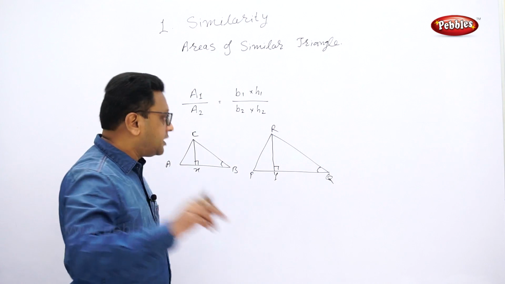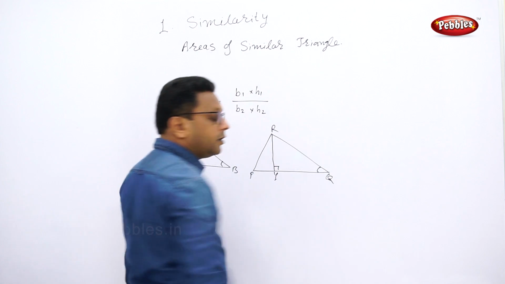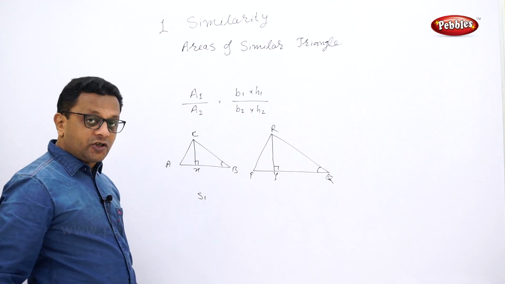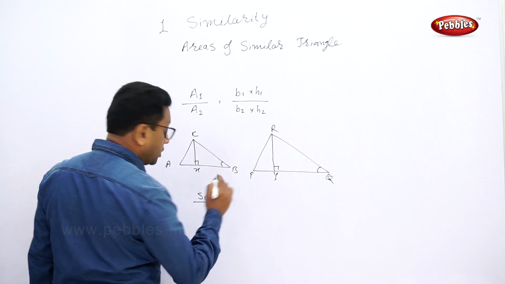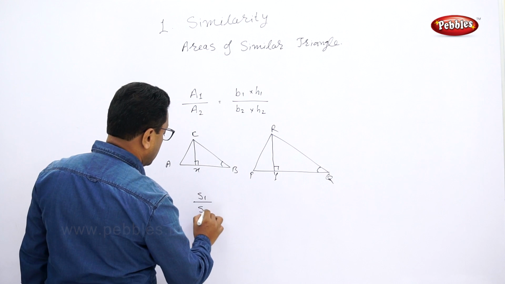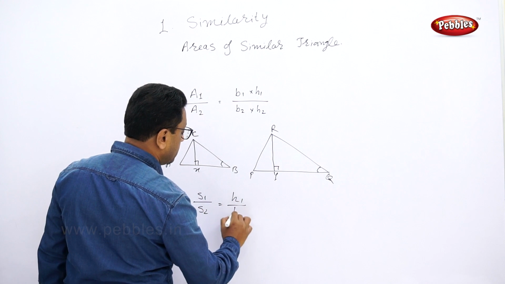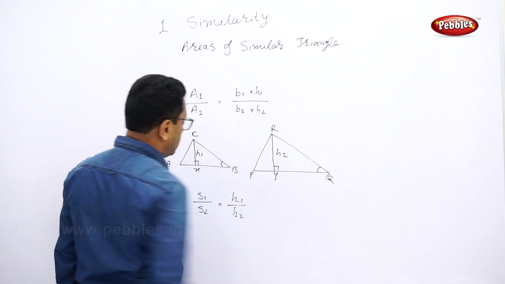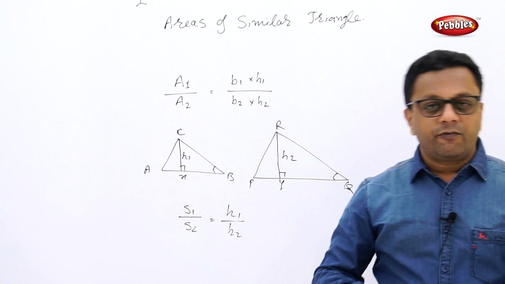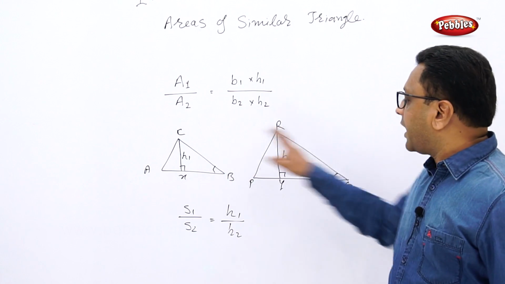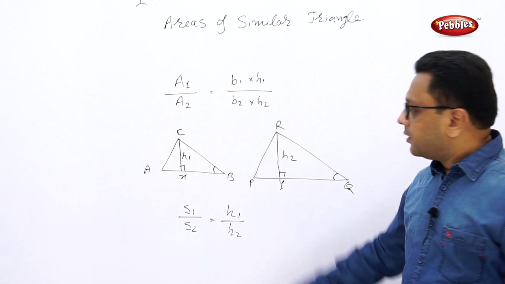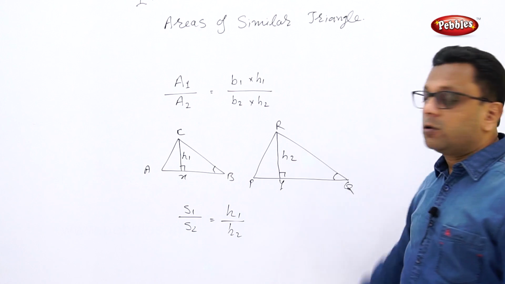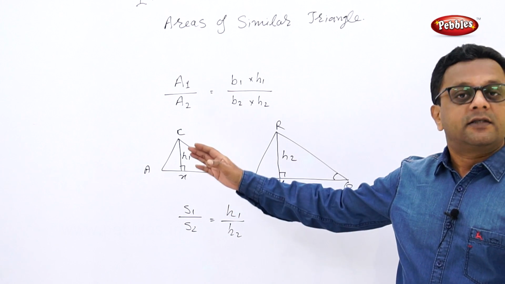So we can say that any side of the first triangle upon the corresponding side of the second triangle is equal to H1 upon H2. So this is my H1 and this is my H2. In short, whenever two triangles are similar to each other, their sides are in proportion, but their heights are also in proportion with their sides.